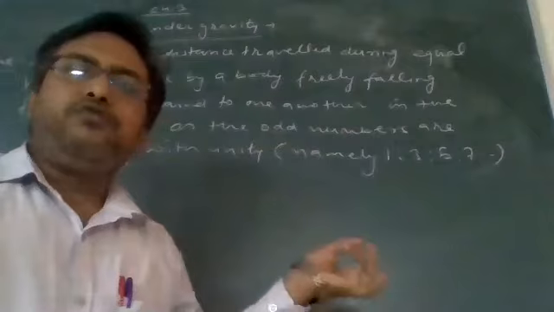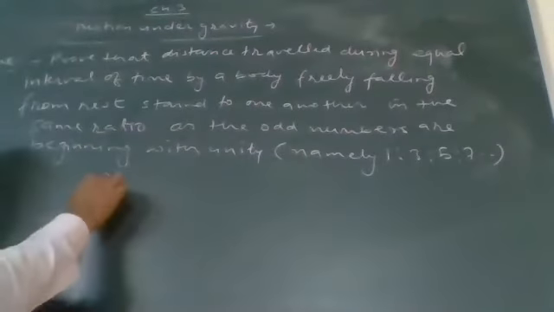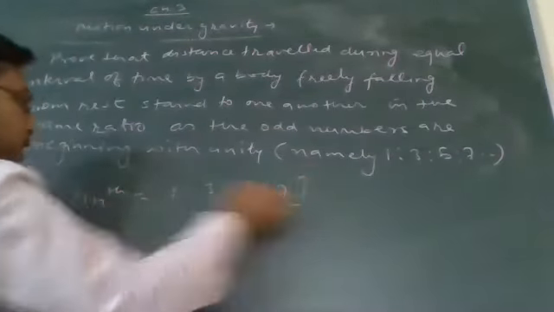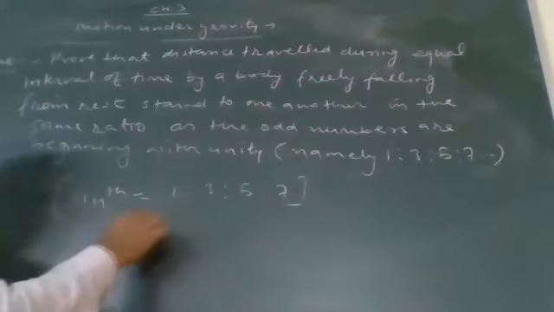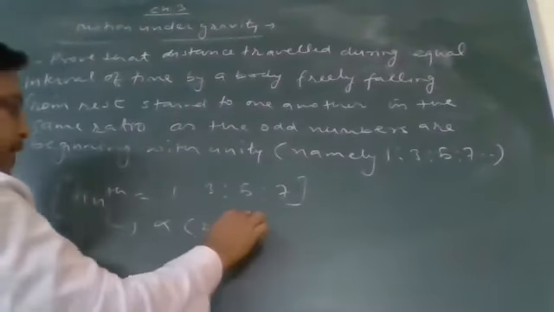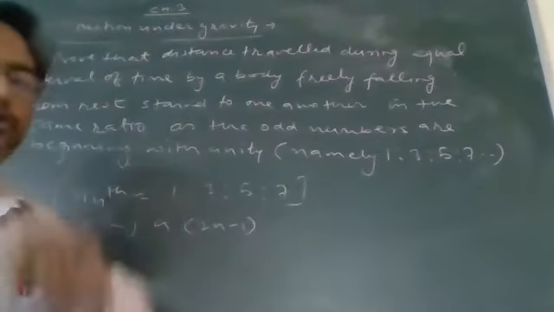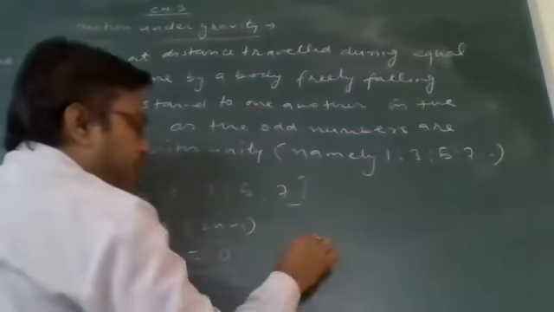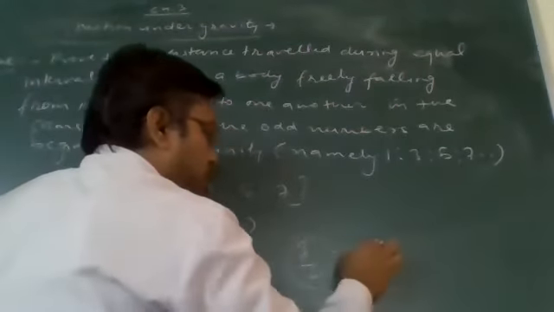We just derived this formula. h_n is coming in the ratio 1:3:5:7. How is this coming? Because h_n is proportional to 2n minus 1. Why? Because in this situation the value of u was 0 and g by 2 is constant.